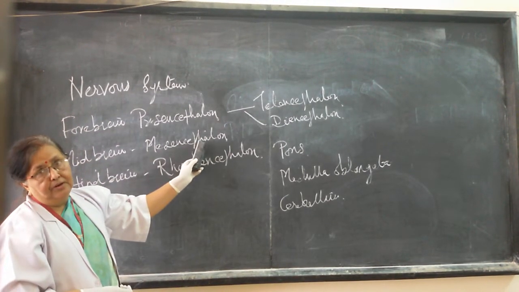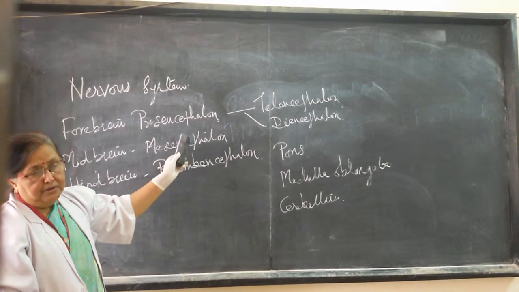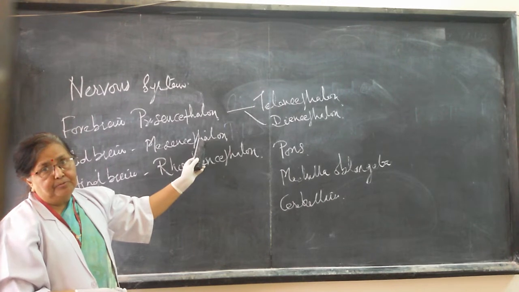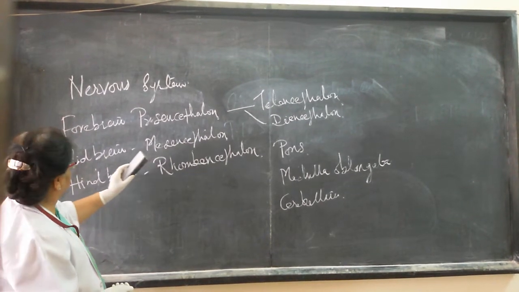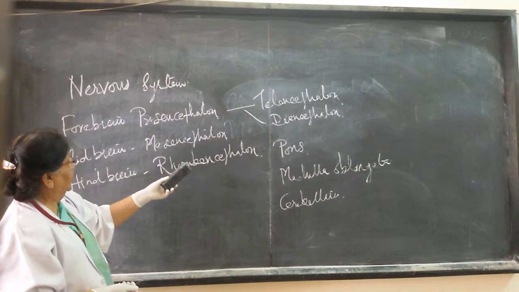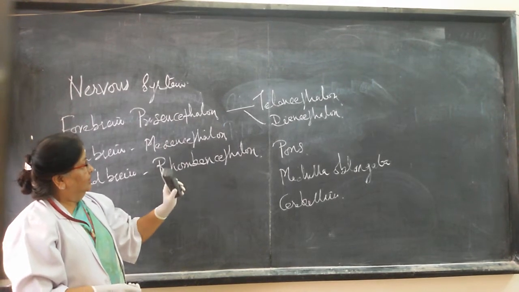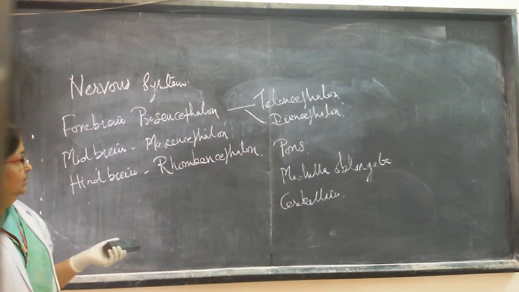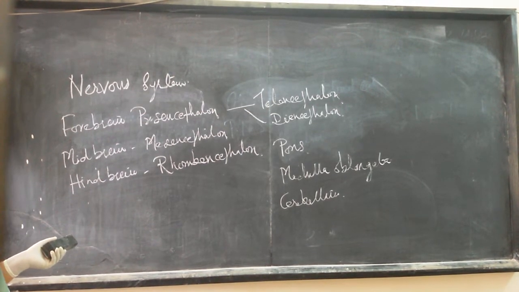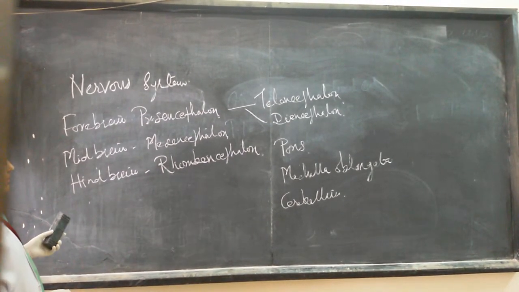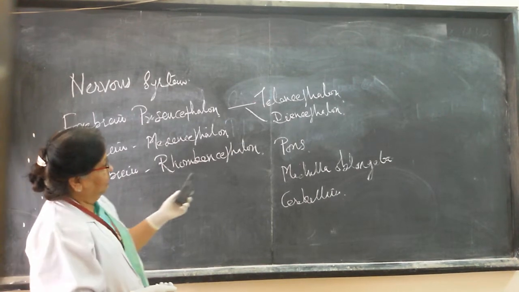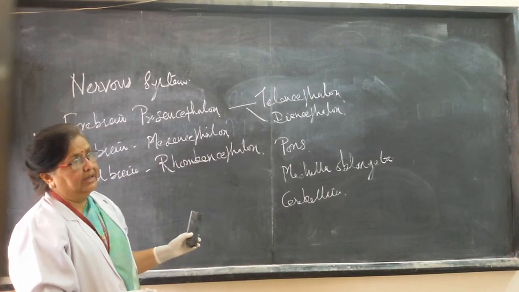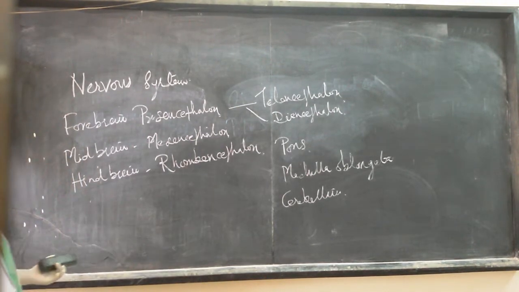The mesencephalon has a narrow cavity known as the aqueduct of Sylvius or cerebral aqueduct, and the rhombencephalon has a cavity known as the fourth ventricle. All these cavities are connected to each other, and finally they are also connected to the central canal of the spinal cord.